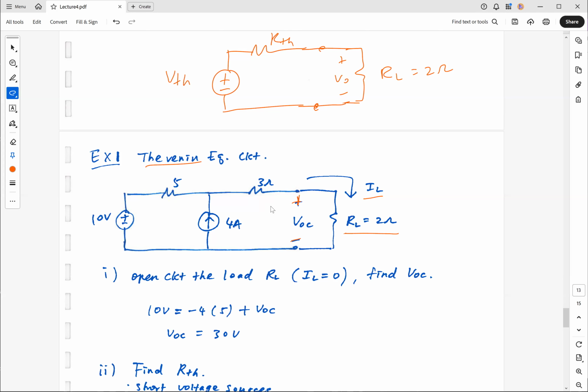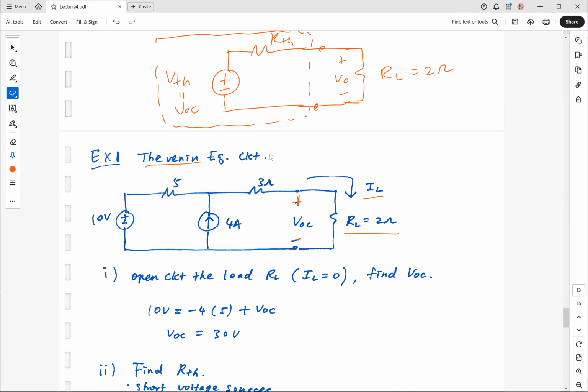I want to condense my circuit down to a voltage source and a resistor, VTH and RTH. That's all I'm trying to achieve here. To do that, I need to find this VTH. Earlier I mentioned that this is also called VOC, where VOC stands for open circuit voltage.